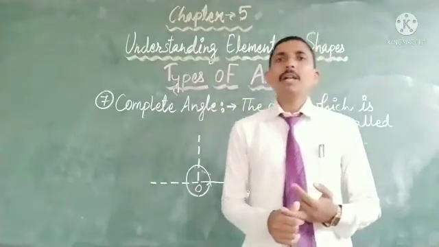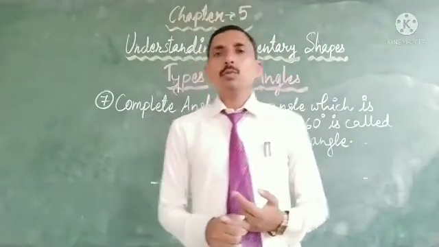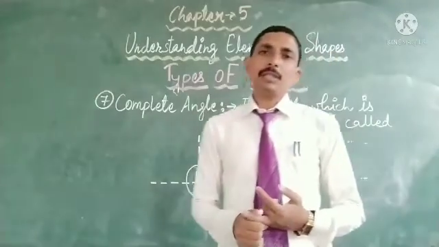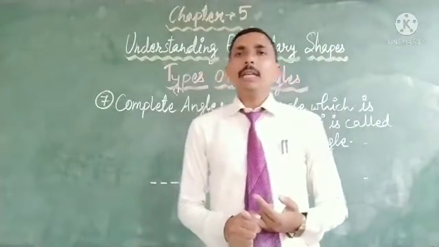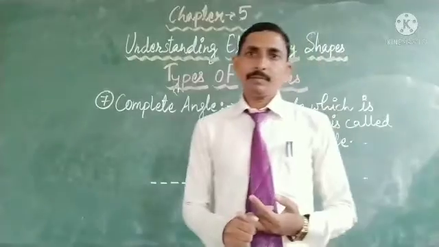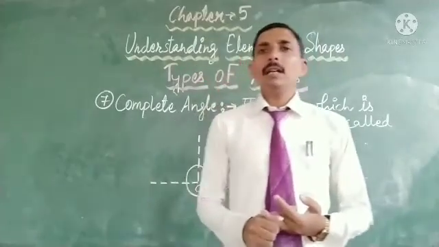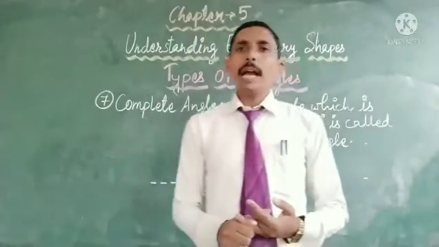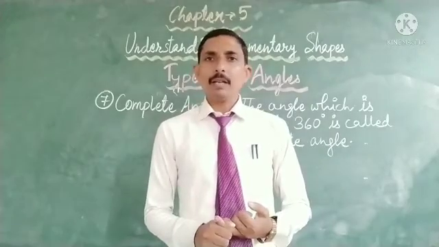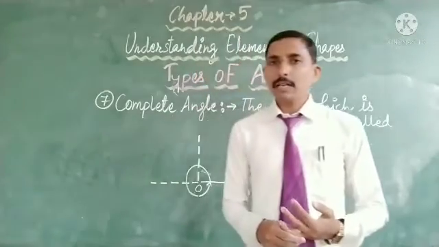What is zero angle? The angle that measures exactly 0 degree is called zero angle, or the angle that is formed at 0 degree is called zero angle.